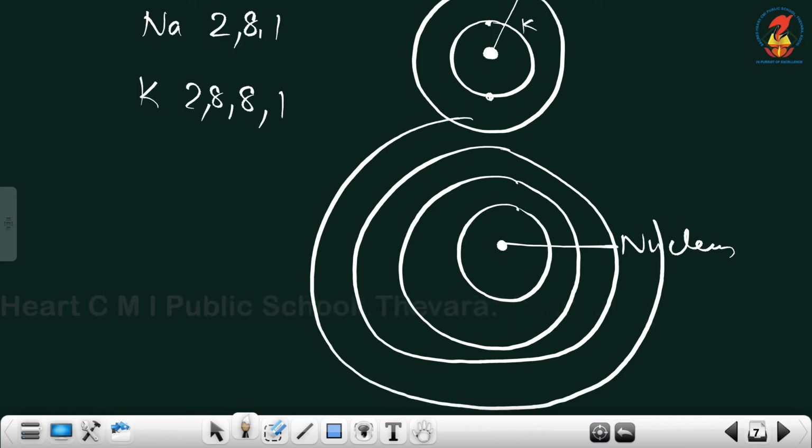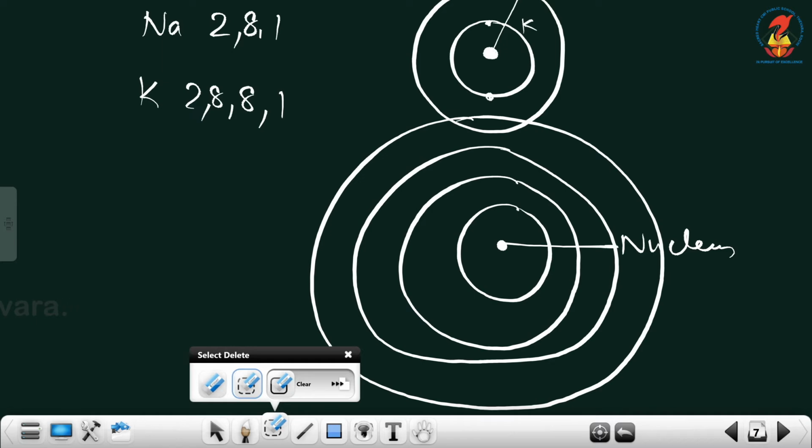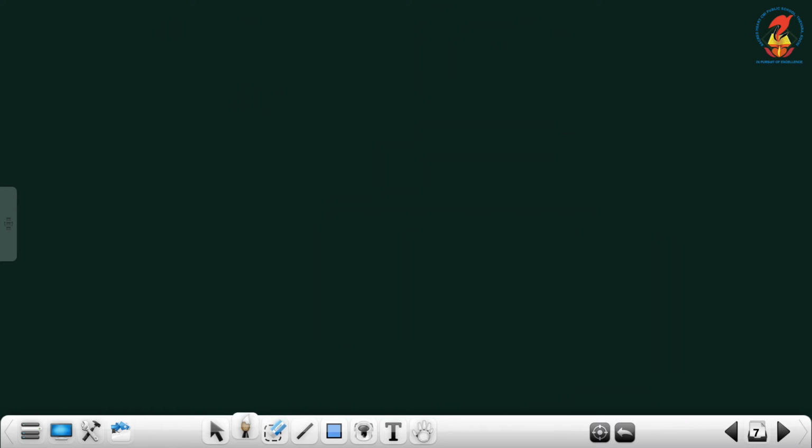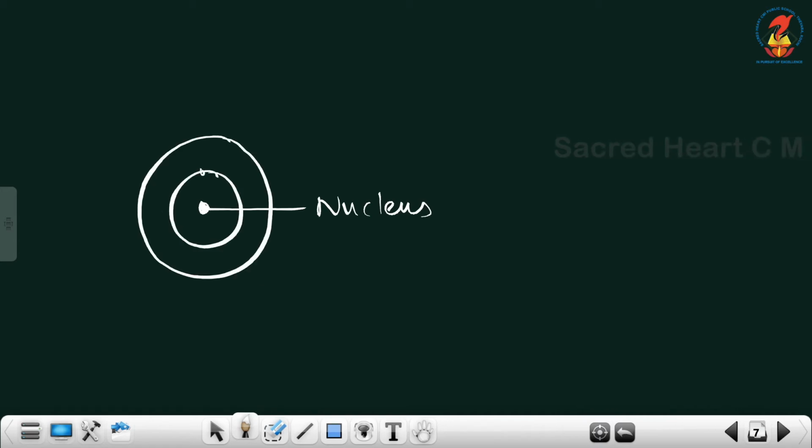One more shell is there, isn't it? Sorry, lithium it is. I will draw it for lithium. Lithium, this is the nucleus. K shell, L shell. 2 electrons in the K shell, 1 electron in the L shell. Now this is for lithium. Coming to sodium.